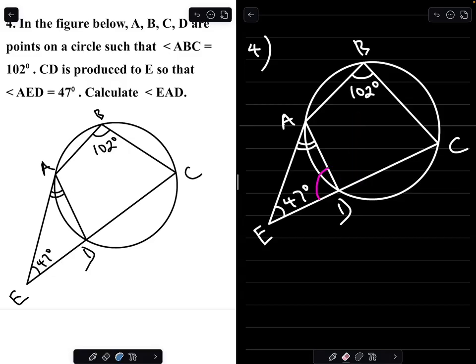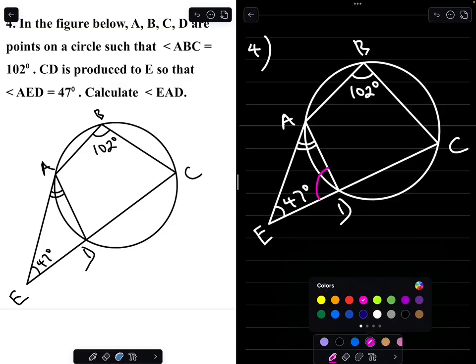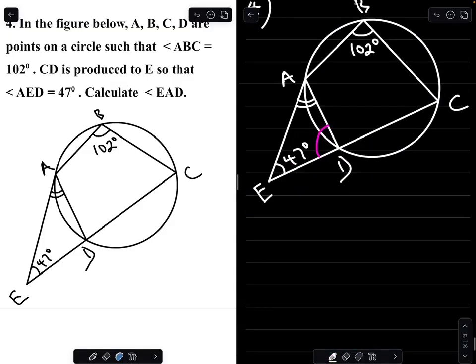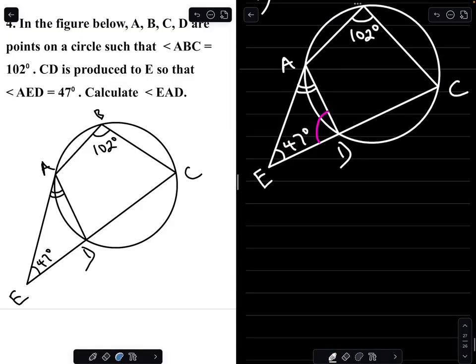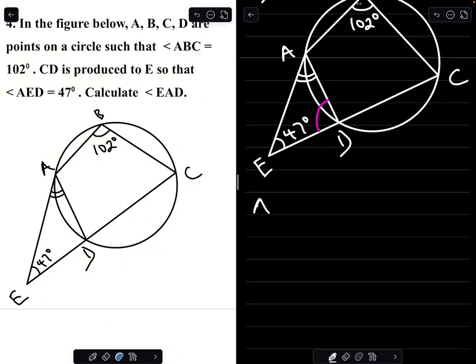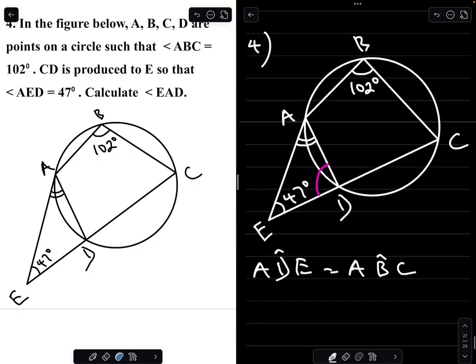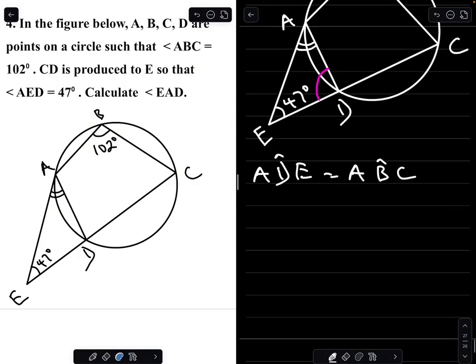So angle ADE is equal to angle ABC, and the reason for that is exterior angle of a cyclic quadrilateral is equal to the interior opposite angle. And that therefore means angle ADE is also equal to 102 degrees.